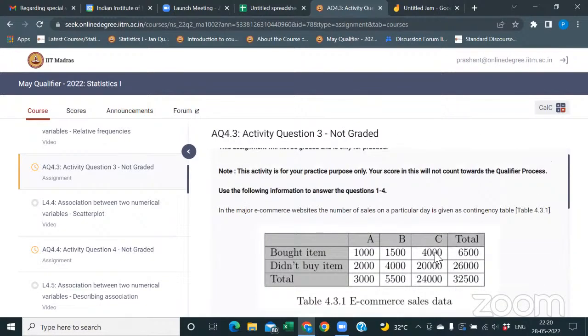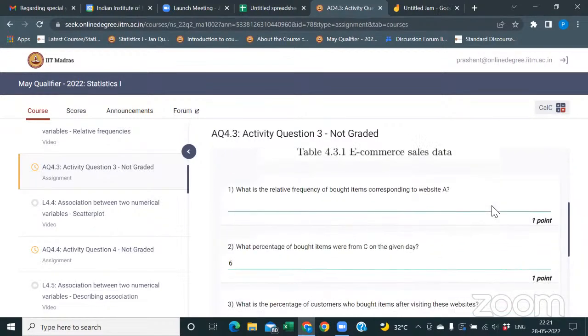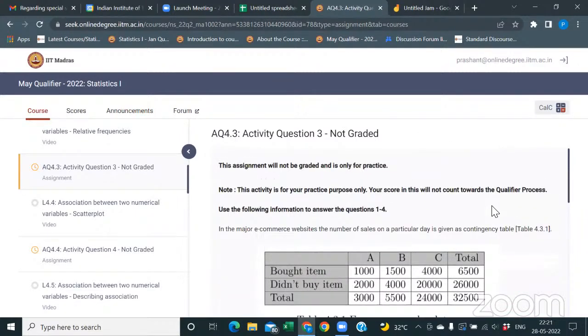Percentage of bought items, how much were there from C, right? So what will this be? Tell me. Percentage of bought items corresponding to the item C on the given day.